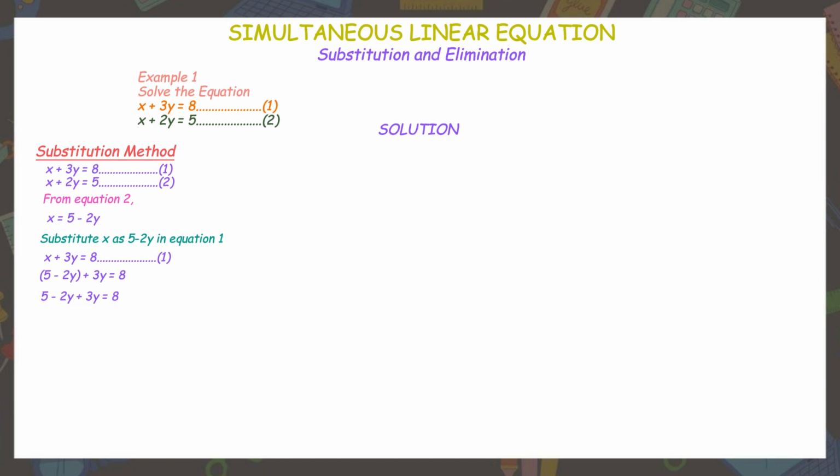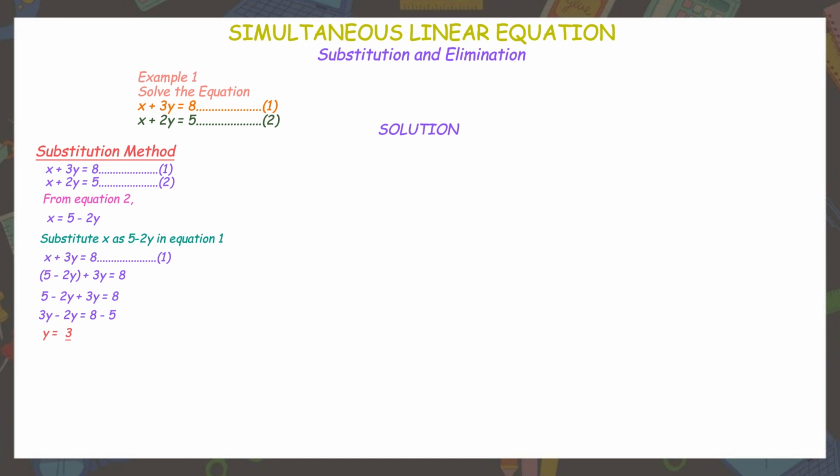That means we have 3y minus 2y equal to 8 minus 5, because the 5 is positive here, and once it crosses the equal to sign, it becomes negative. So y is equal to 3.